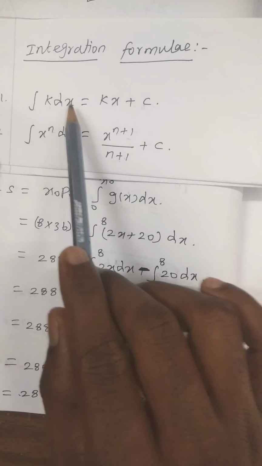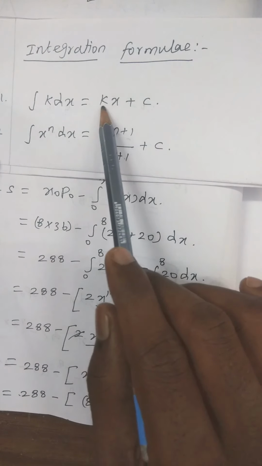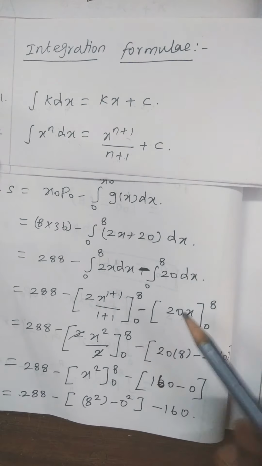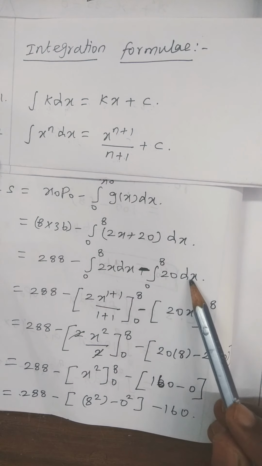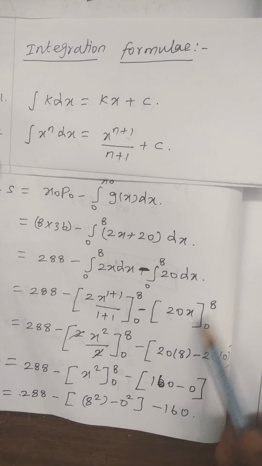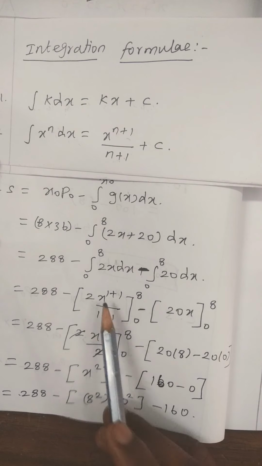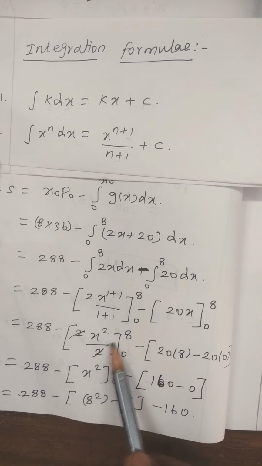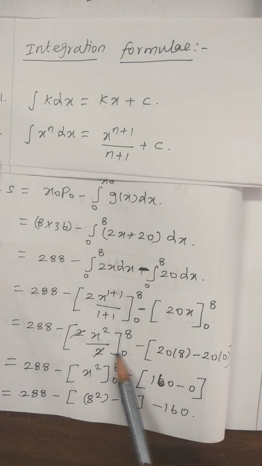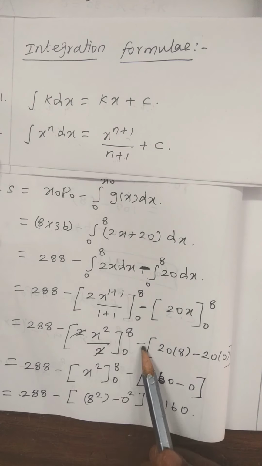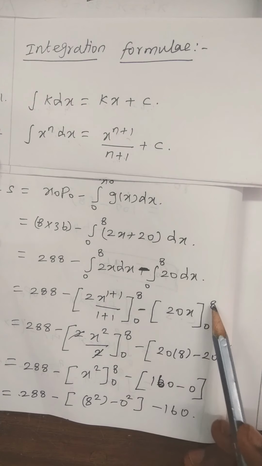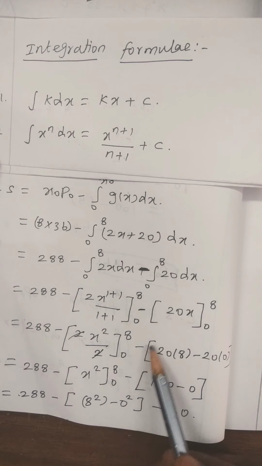So constant dx means kx plus c. See here also 20 is a constant. So constant dx means 20x, upper limit lower limit. Equal to 288 minus 2 x power 1 plus 1, so x square by 1 plus 1 means 2, close bracket, upper limit lower limit, minus, see here also substitute upper limit and lower limit, minus bracket of 20.